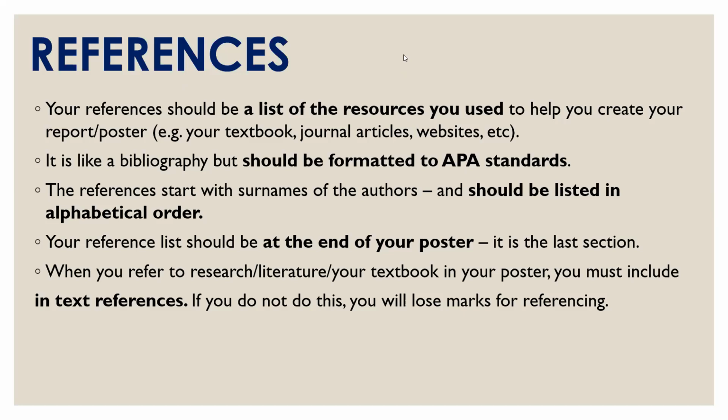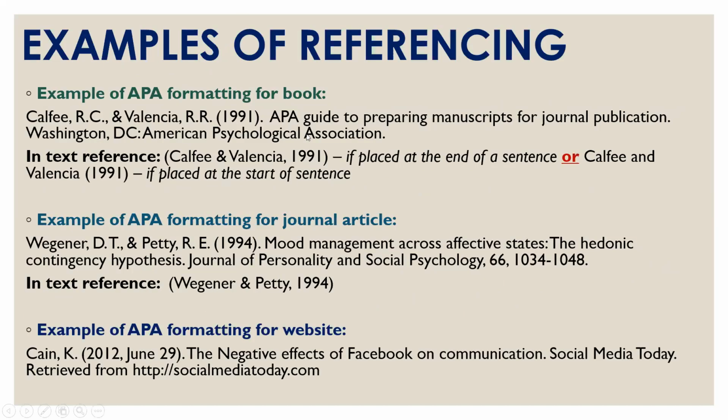Okay, so I think that's the end of these, these are some examples just for your knowledge there. Let's probably ignore the first 2. None of us are going to be consulting books, maybe websites. I'll leave the website one there. But here you can see this is a journal article taken from Google Scholar about mood management and stress.